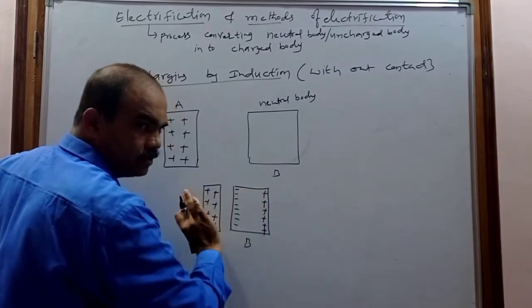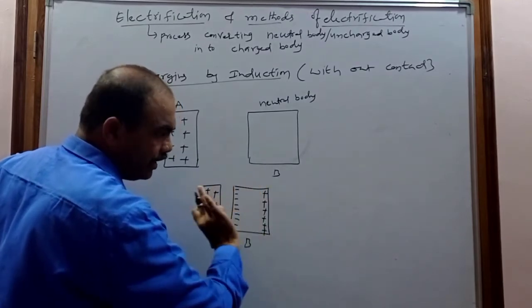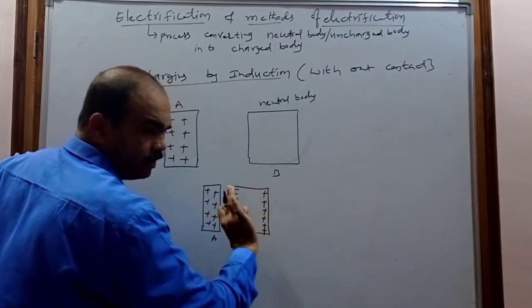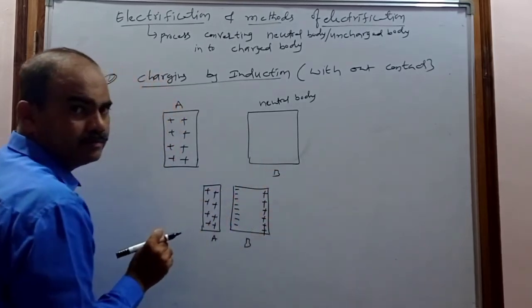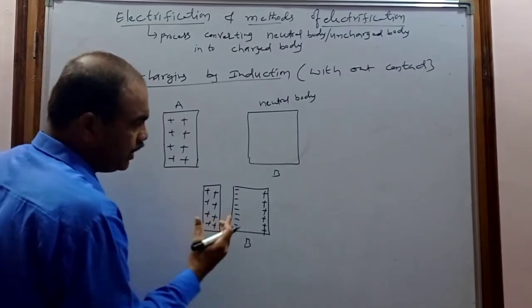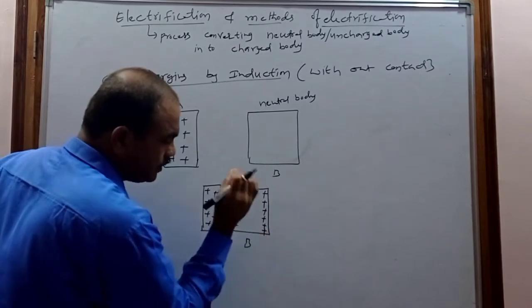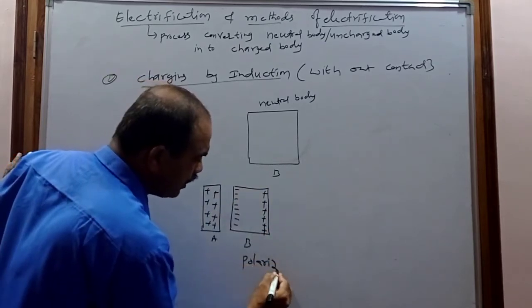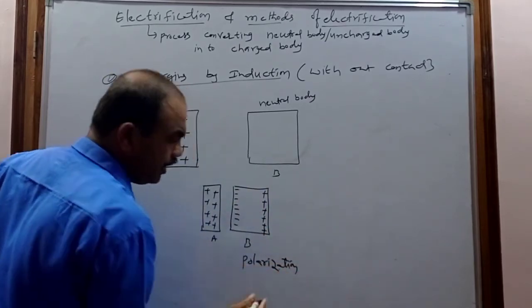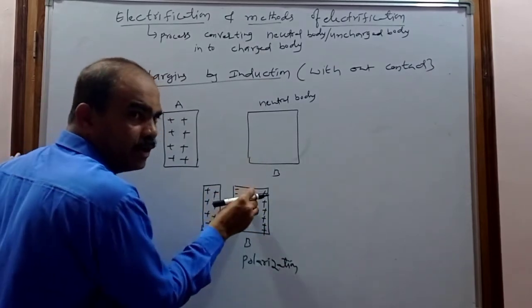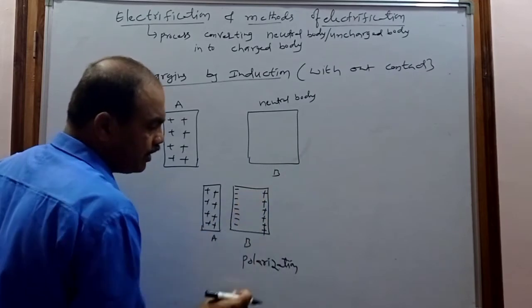Due to that, the same charge is repelled and moved to the other side of the neutral body, and the negative charge and positive charge are separated. This process is called polarization: the separation of positive charge and negative charge inside a neutral body.